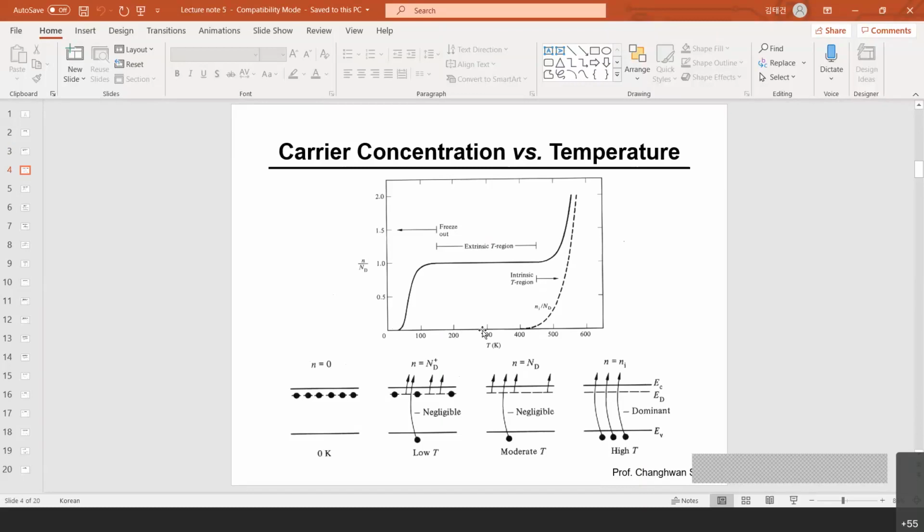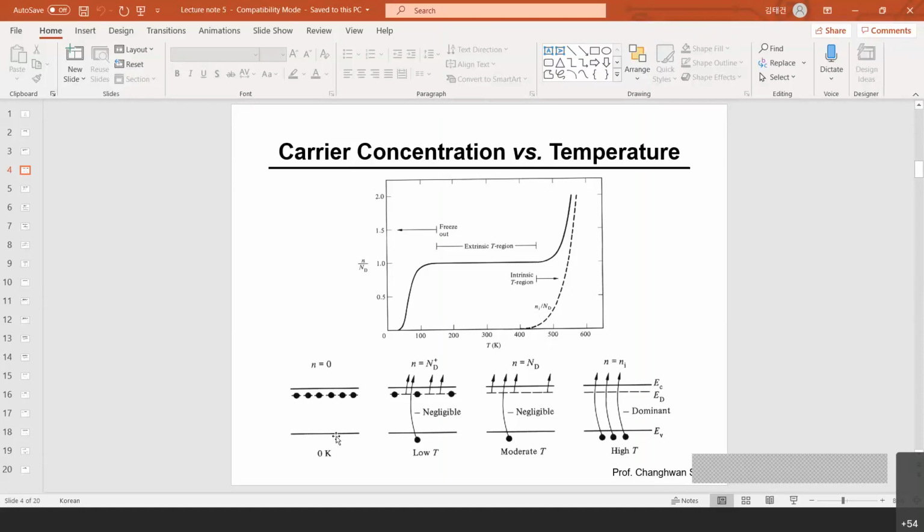As temperature increases, n over N_D becomes 1 in the end. Later on, maybe at 450 Kelvin, the number of electrons is way higher than the dopant atoms. In other words, the silicon material becomes intrinsic. The impact of doping has been lost if temperature is too high, such as 450 Kelvin or higher.